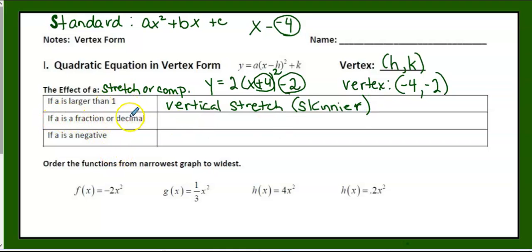If a is a fraction or a decimal, if you remember, when a was between 0 and 1, and it will never be 0, so we're going to put less than. If a is between 0 and 1, what happens is what we call a vertical compression. My pen's acting up tonight.